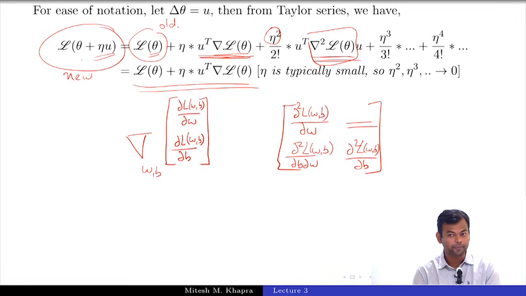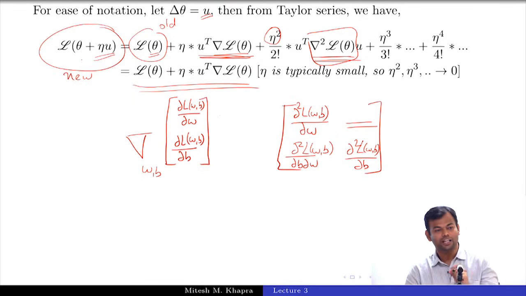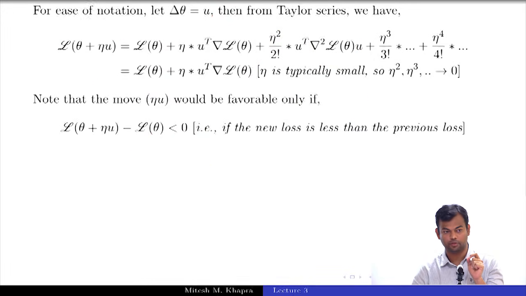The new loss should be less than the old loss. So if someone gives you this u, then when would you say it's a good u? If this condition holds. Everyone agrees with that? Right? So I've found a good direction to move in if this condition holds.